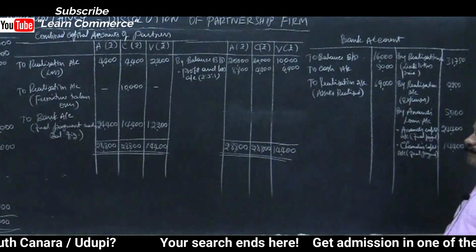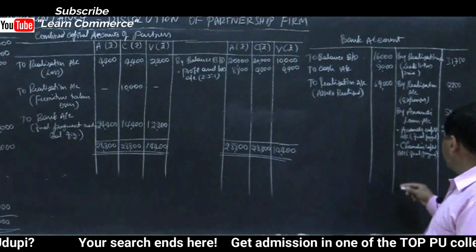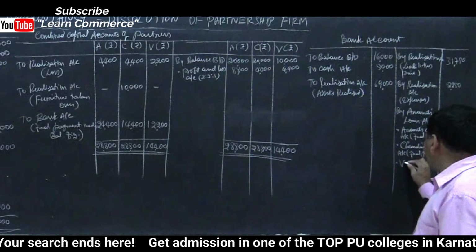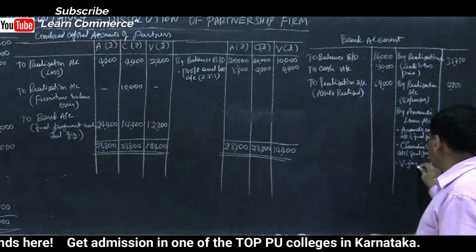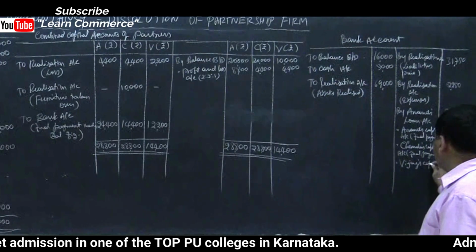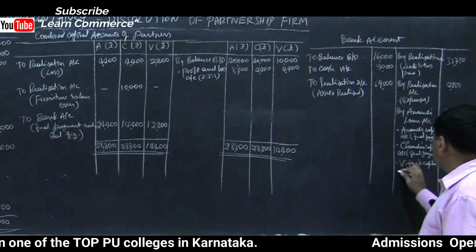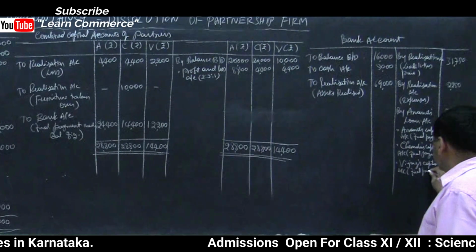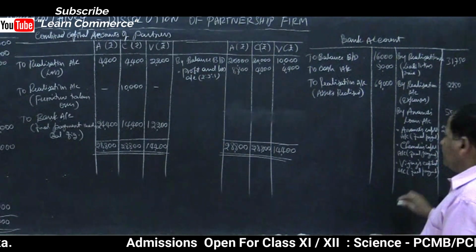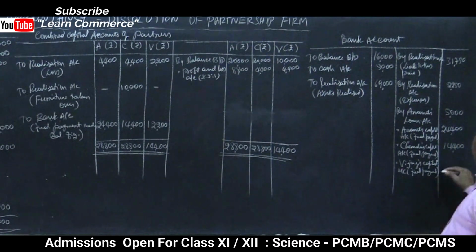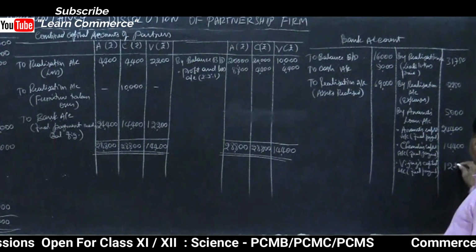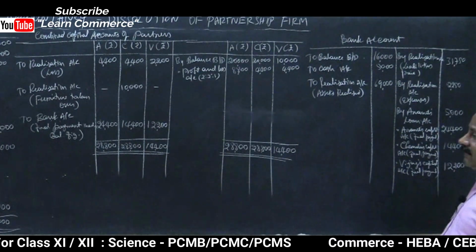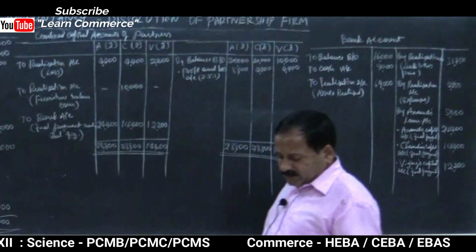Then the last partner, who is that? Vijay, right? So Vijay's capital account, final payment 12,200. Is that correct? 12,200. That's all.